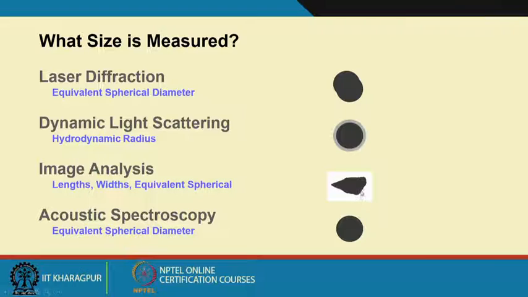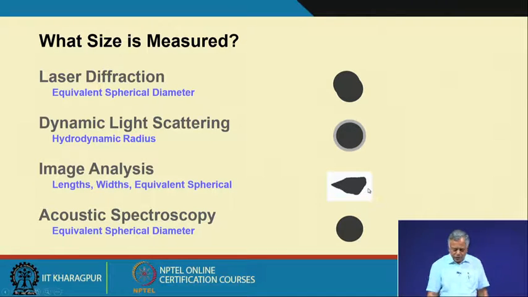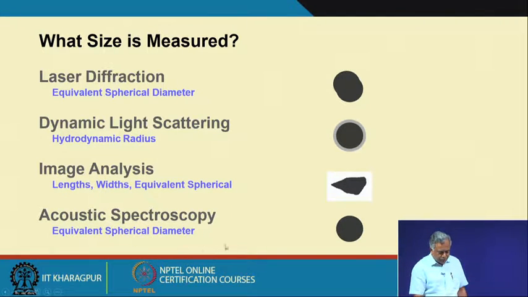So, it measures lengths, widths, and equivalent spherical diameters, but this is more or less applicable for relatively coarser sizes. Then you have acoustic spectroscopy, which again measures the equivalent spherical diameter.